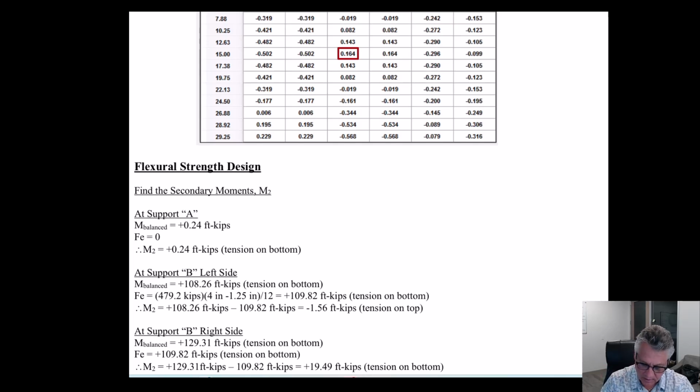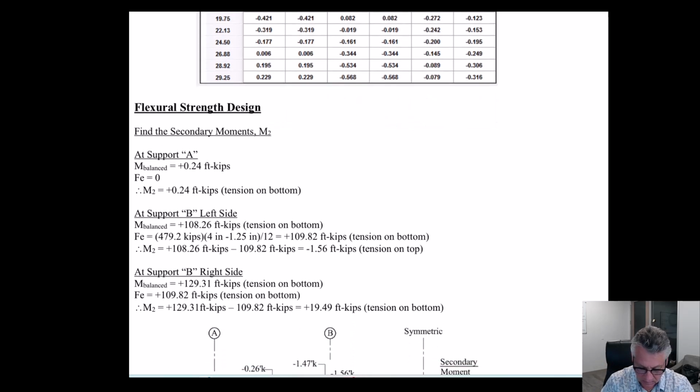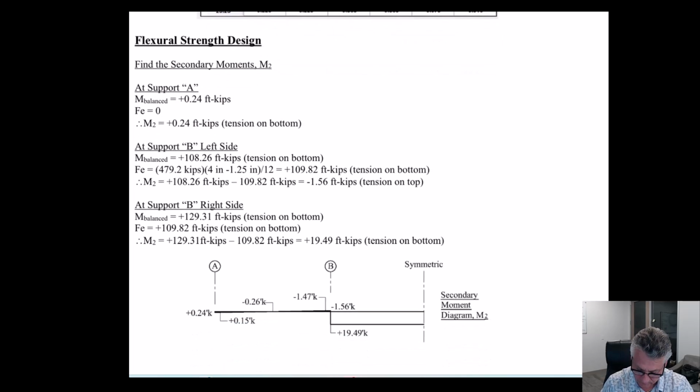So much like the beam, at the support we anchor at the center of gravity. So whatever we got in the equivalent load moment is also our secondary moment at that location. Okay. So go into the first interior support. Look at this side of that.